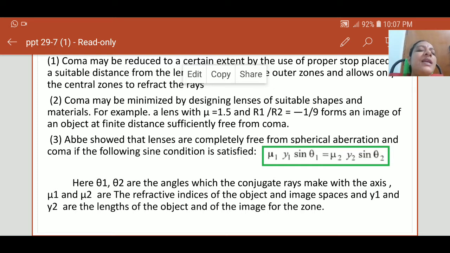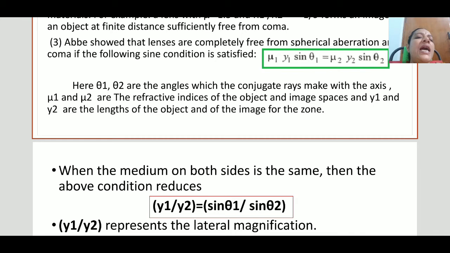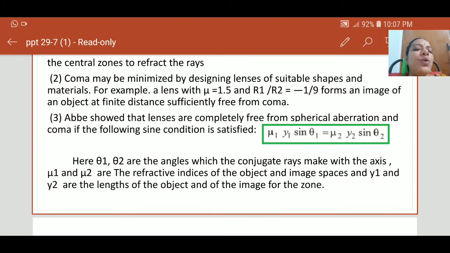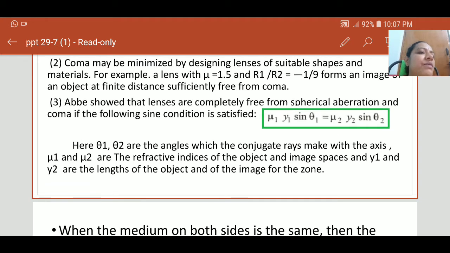Another important condition is that Abbe showed that lenses are completely free from spherical aberration and coma if the following condition holds: mu1 y1 sin theta 1 is equal to mu2 y2 sin theta 2. If the rays obey this condition, then the lens should be free from spherical aberration as well as coma.